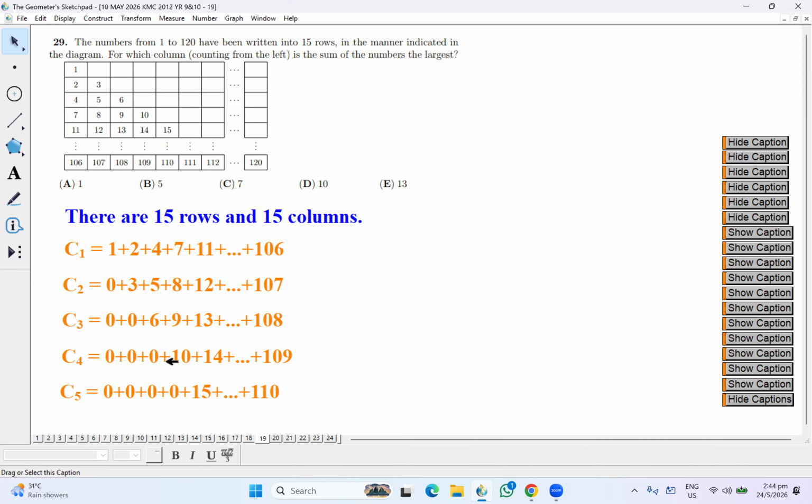Then we look at C4. C4 has 3 terms of 0, so 12 terms. Altogether 15 terms, since there are 15 columns and 15 rows. So 12 times it gains: 10 more than 9, 13 more than 12, up to 109. It only loses 6. So C4 is bigger.